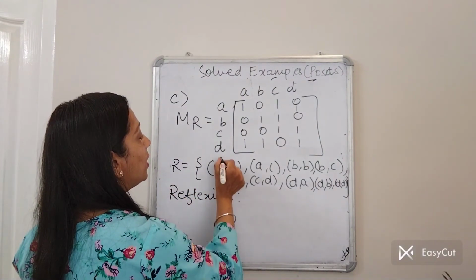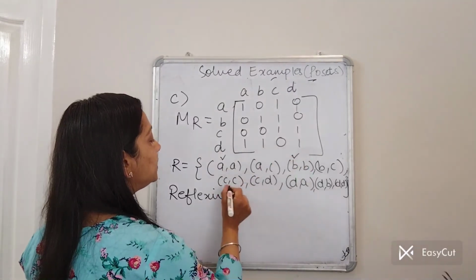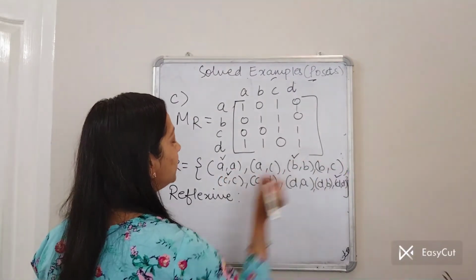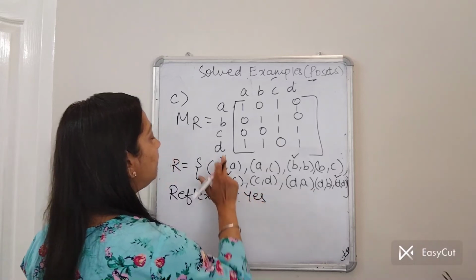So A comma A is there, B comma B is there, C comma C is there, and D comma D is there. So yes, it is reflexive.